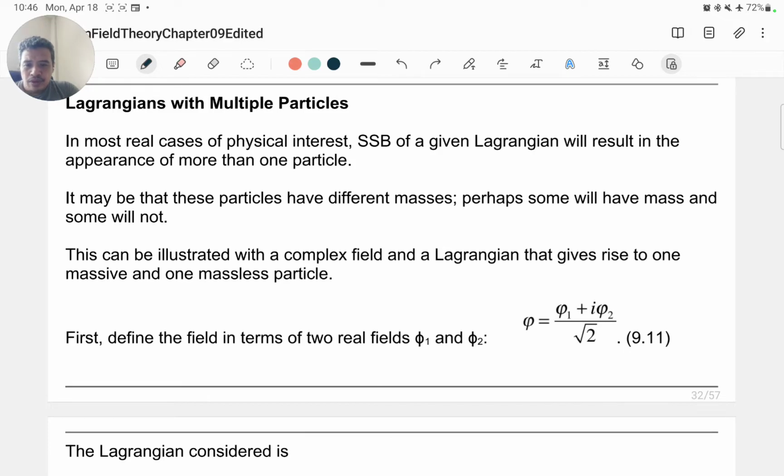So first, we define a Lagrangian with two particles, with two real fields representing the particles. So we will talk about a complex field applied to the Lagrangian, which gives rise to a massive and a massless particle.